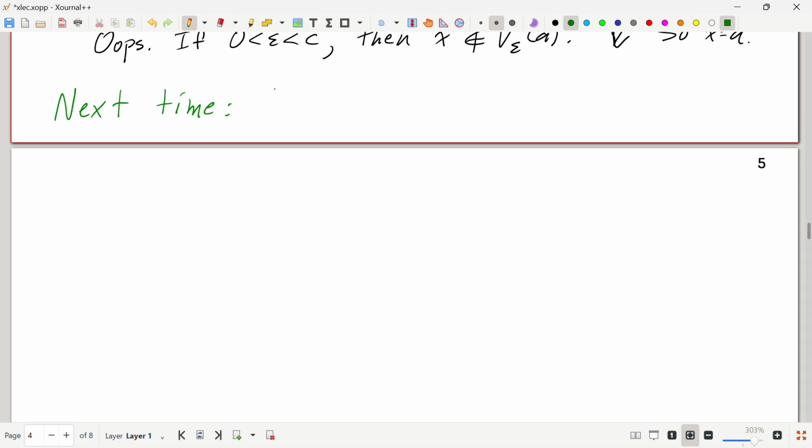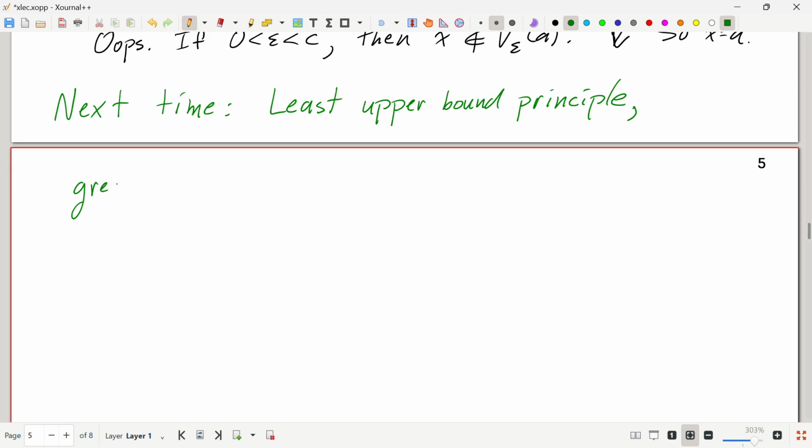We're going to talk about the least upper bound principle, which is related to the, I'll say comma, greatest lower bound principle.